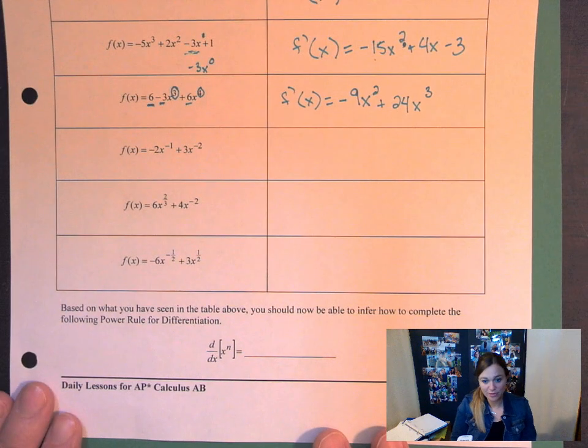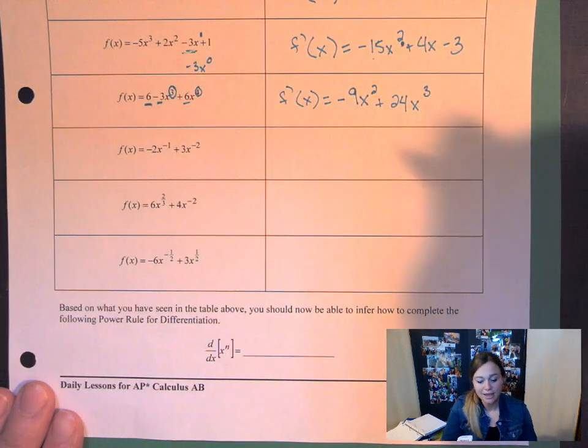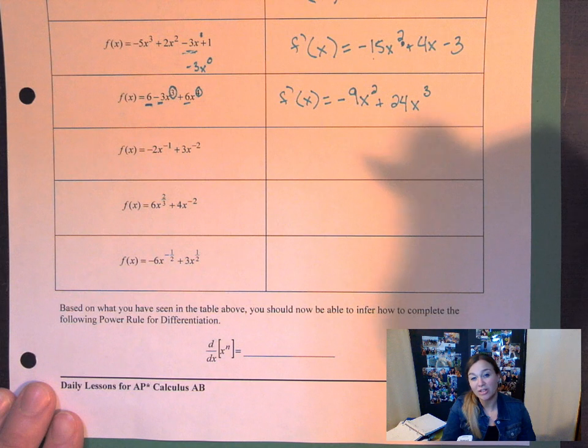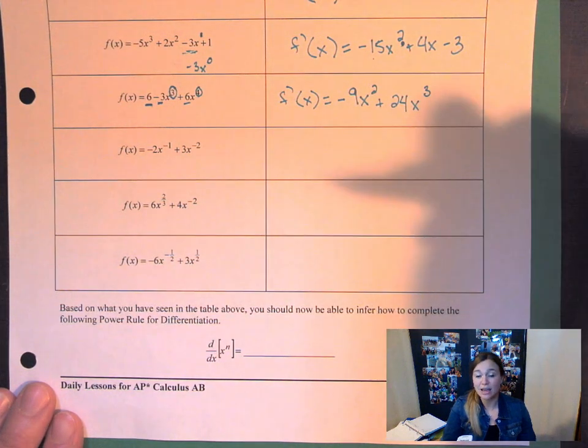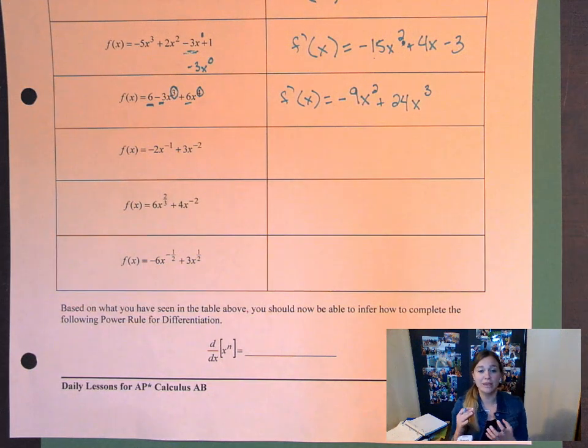Okay, so the next one, you're like, yeah, that's great, but now I've got negative exponents. It's okay. This one is finding the derivative of polynomial type. Technically, a polynomial is any function that has positive integer exponents, but we can use this rule, it's called the power rule, to find the derivative of anything that looks kind of like a polynomial.